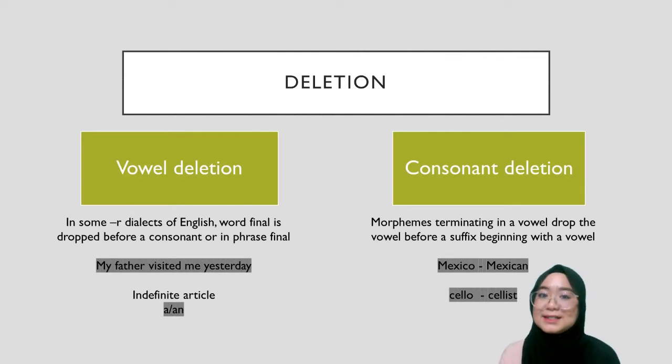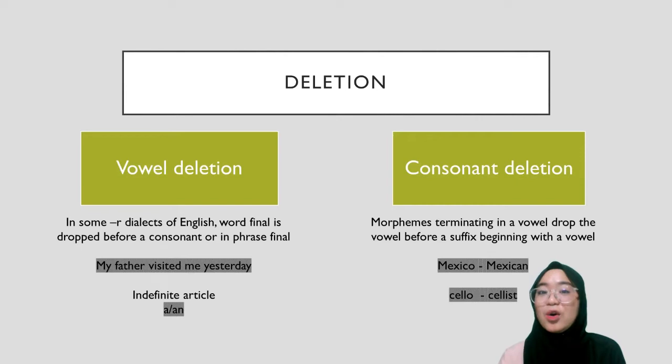The next is vowel deletion. Morphemes terminating in a vowel drop the vowel before a suffix beginning with a vowel. For example, Mexico: when we want to talk about the people of Mexico, we call them Mexican. See, it's not Mexicoan, but it's Mexican.